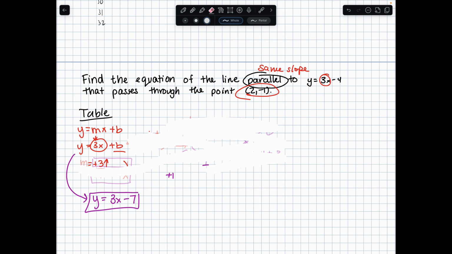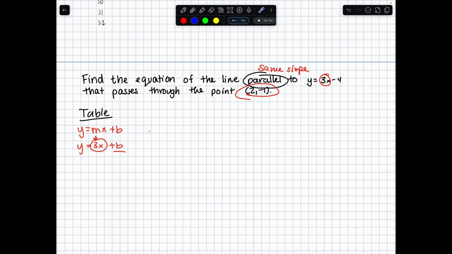So, same thing, same setup. We need to find a b that passes through this point. Here's my equation. And we have a given point, (2, -1). So now we have our equation and a point. We know x equals 2, y is -1.